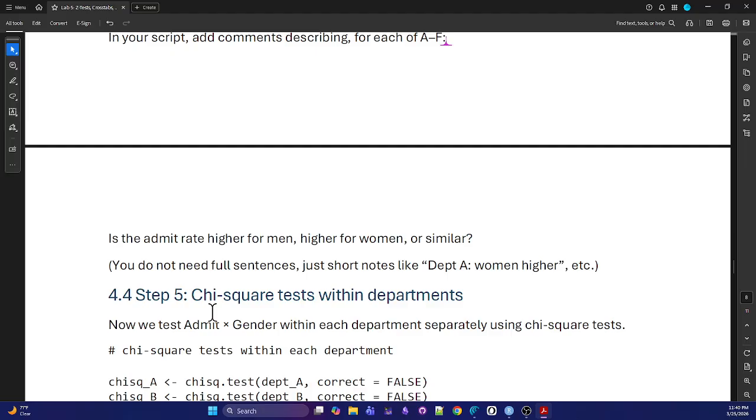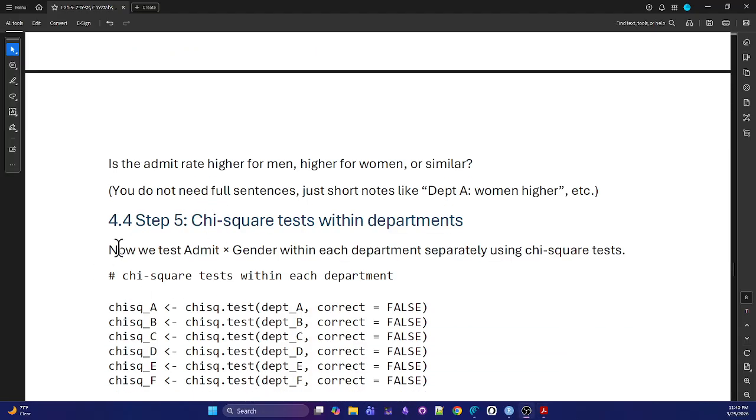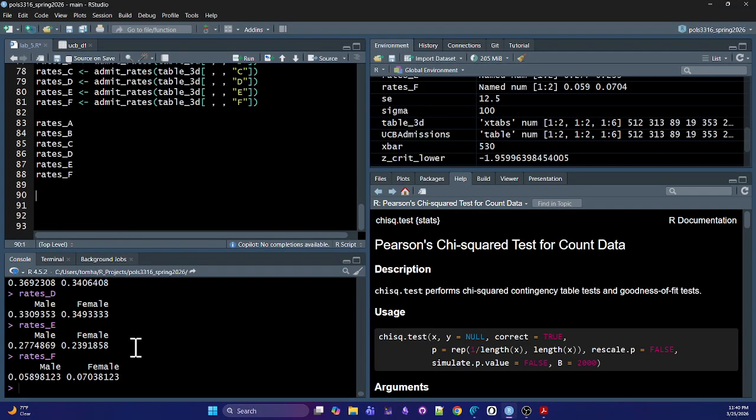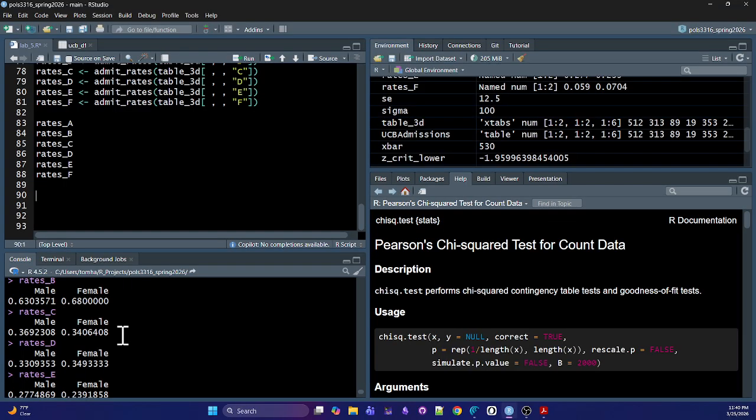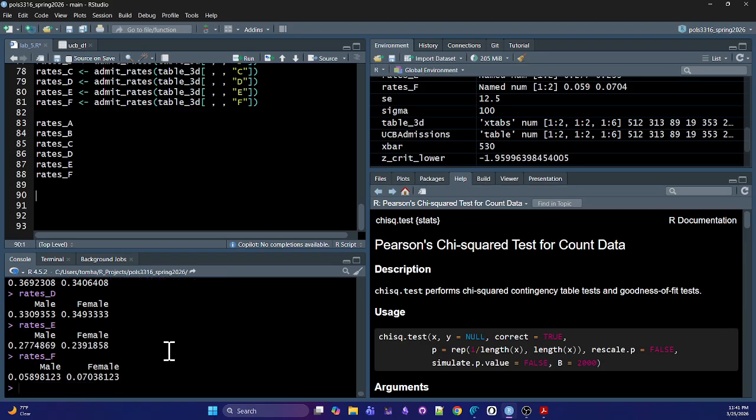So our next step is, we have some variation, and some of them may be significant. The one that immediately looks like it's going to be significant is one where females get admitted at a much higher rate. Here's one that may be significant going the other direction, males getting admitted at a higher rate.